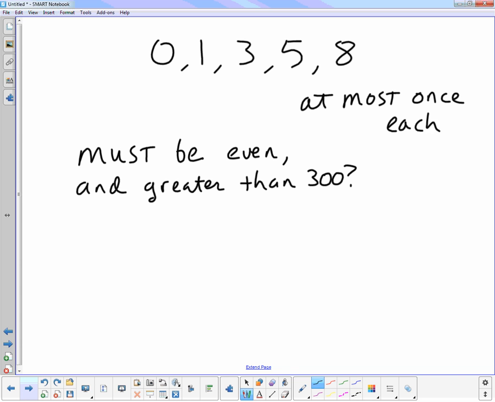And they must be 3 digits. Well, that's obvious. But only 3 digits only. No, it's a 3-digit number. It's an even 3-digit number that's bigger than 300. No, at most once each.